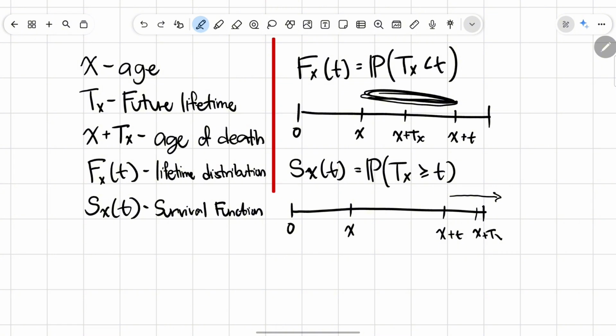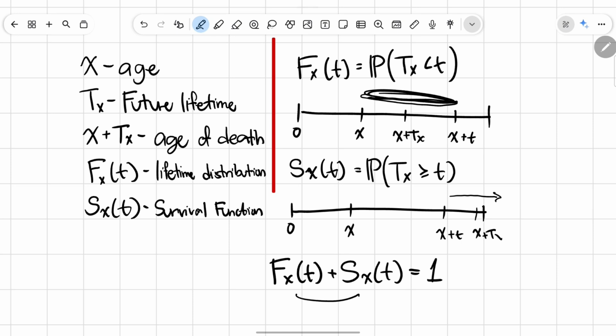The person can die within t years or survive after t years. So what we can say is that Fx of t plus Sx of t is sure to happen because we know that one of these is for sure to happen. So their probabilities must add up to 1.